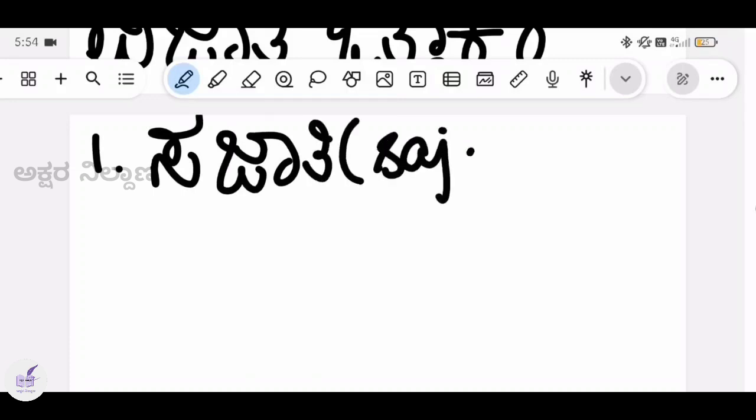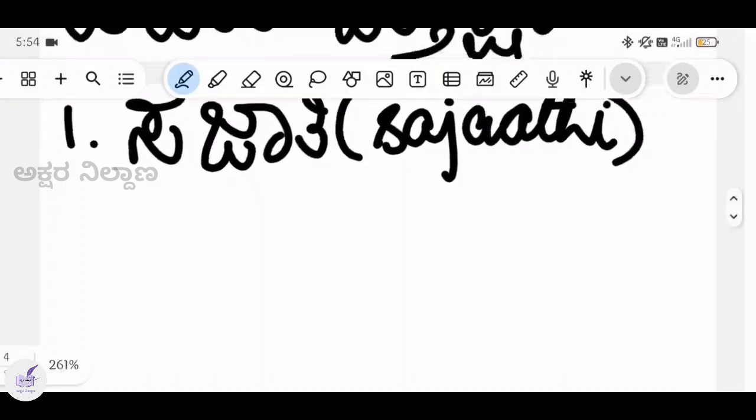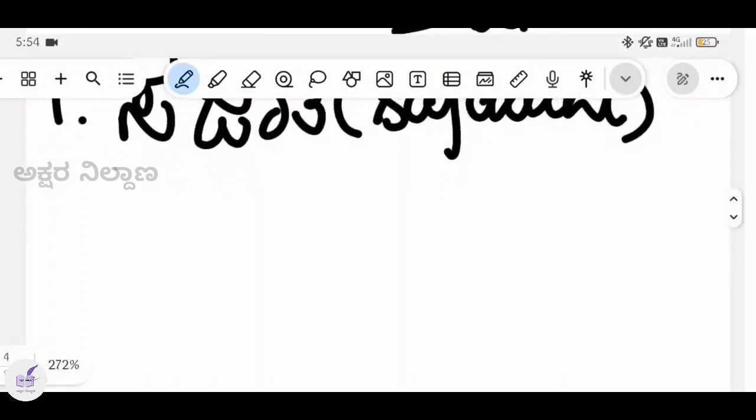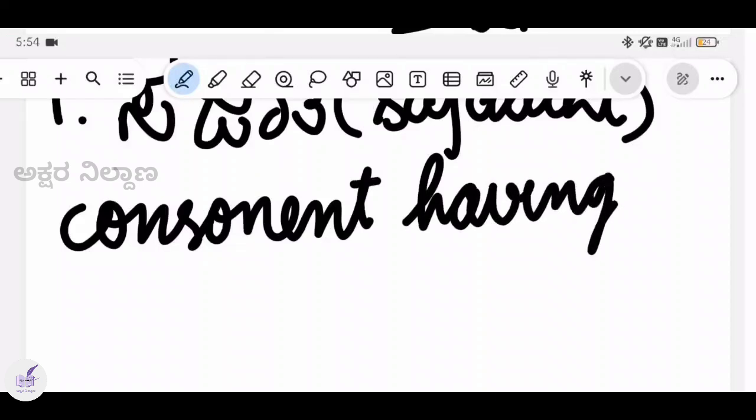Sajati. What do you mean by Sajati? Sajati is the Vattakshara which is having same consonant as Vattu.